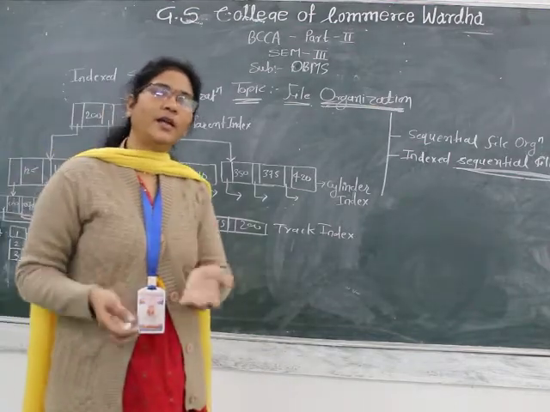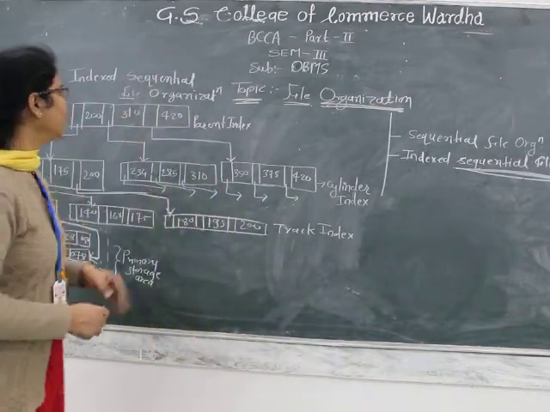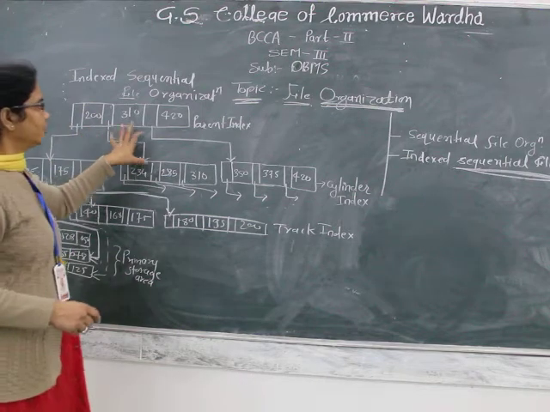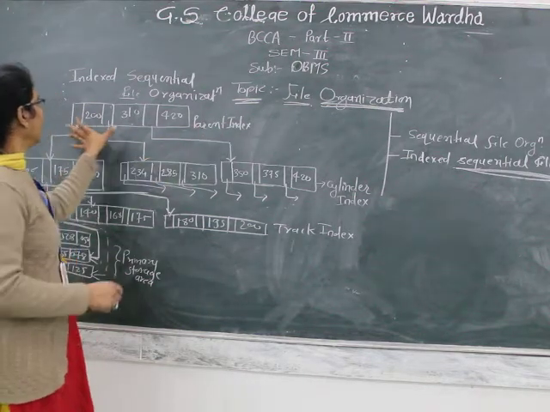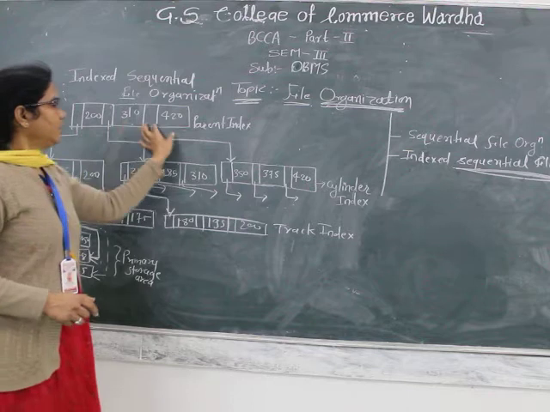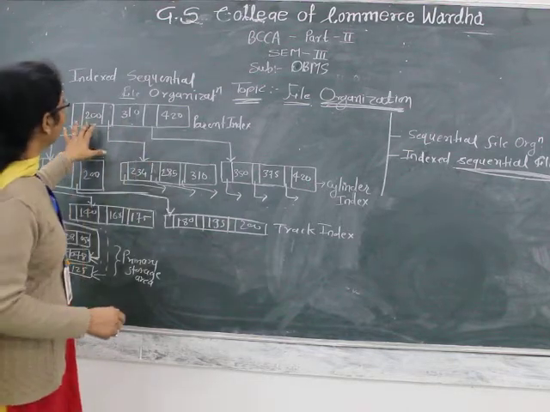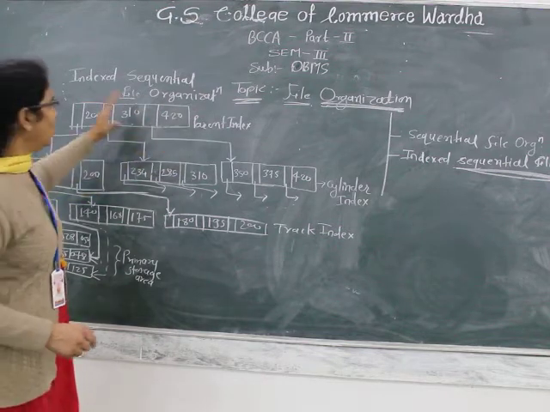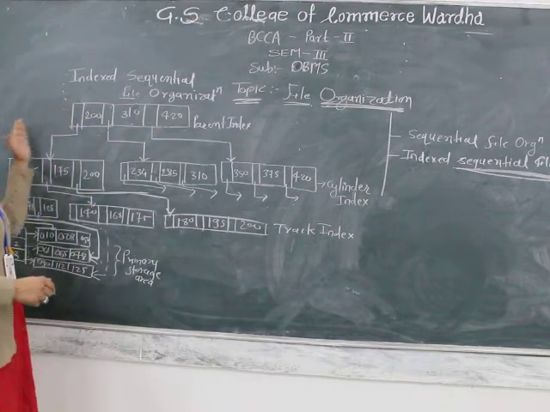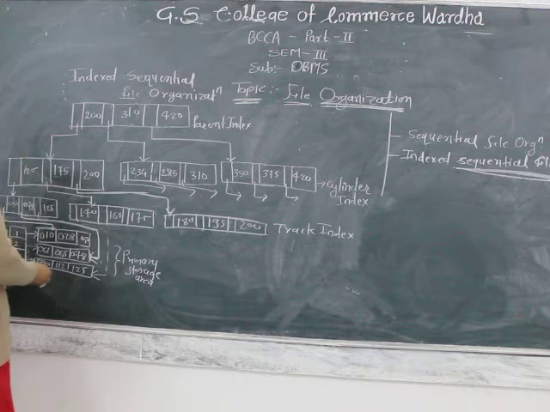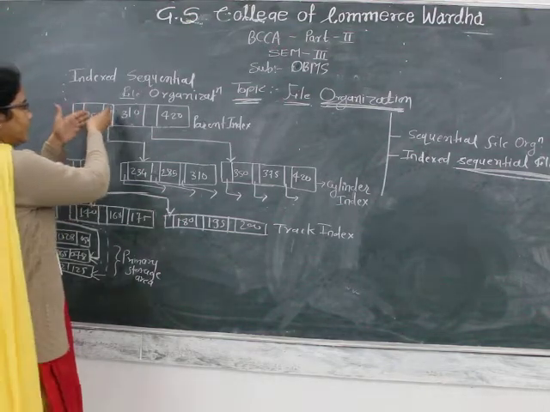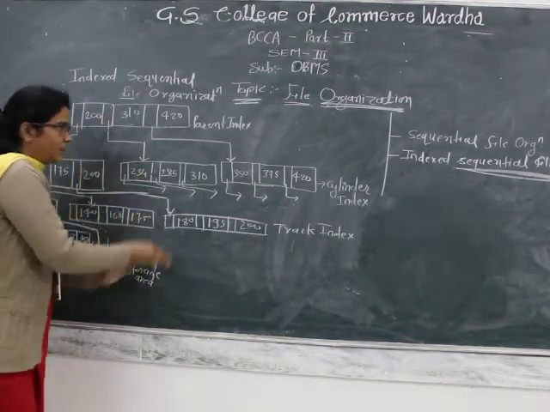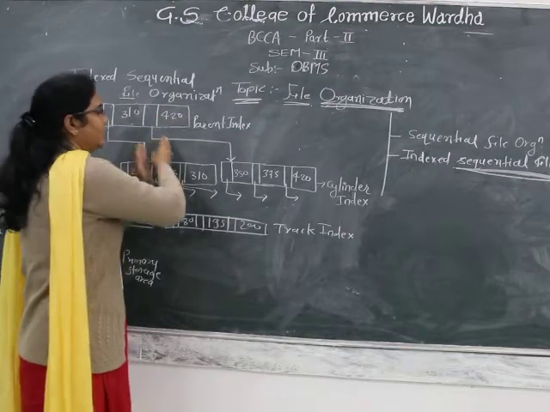We can decide as per our convenience and give the location. Here I divided the addresses into 3 parts, like 200, 310 and 420. Before 200 I make a slot here, before 310 a slot here, and before 420 a slot here.